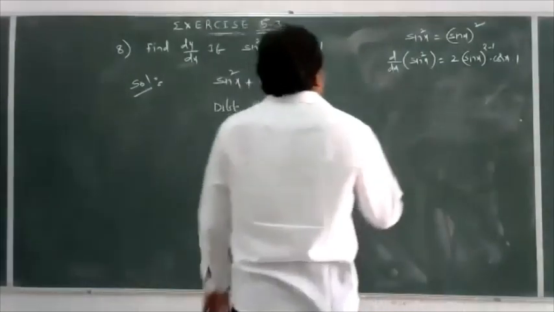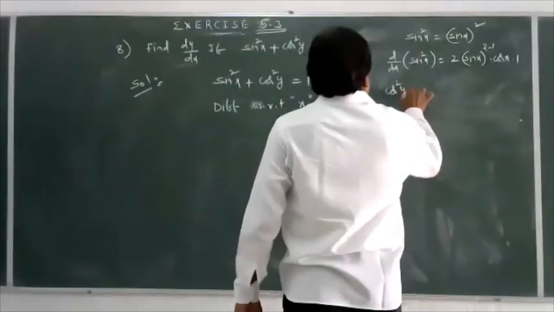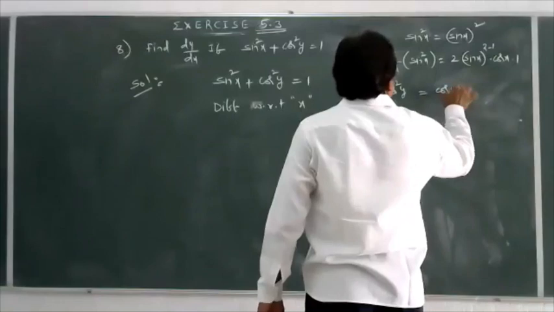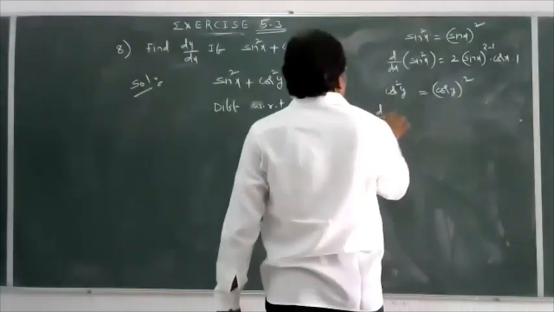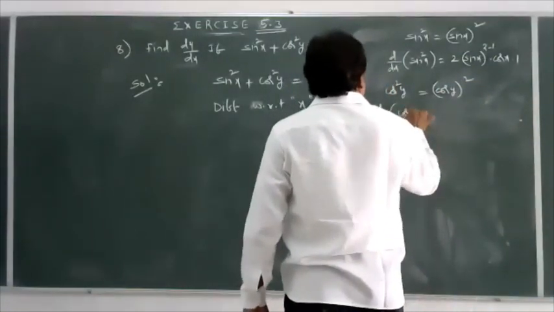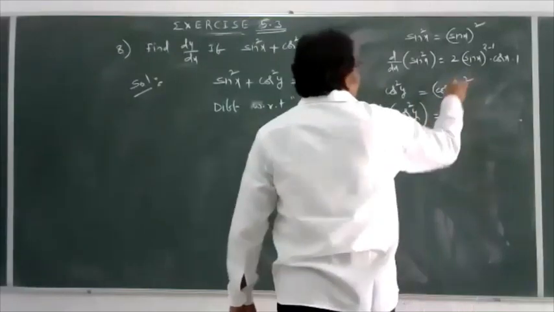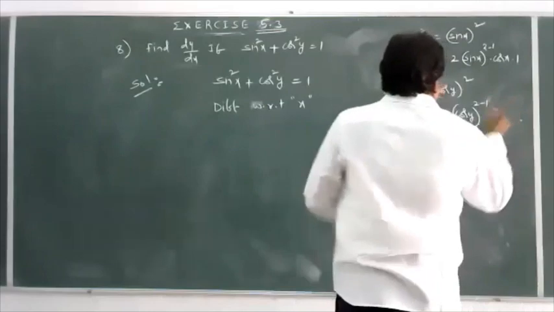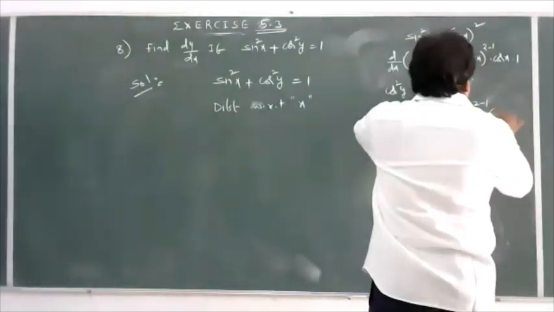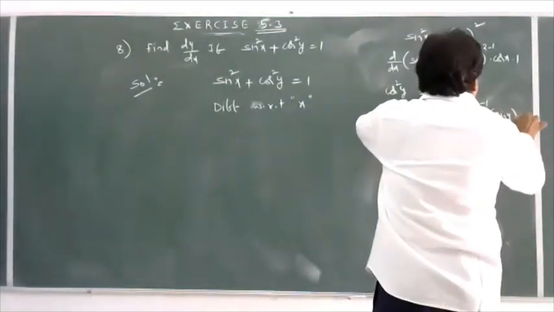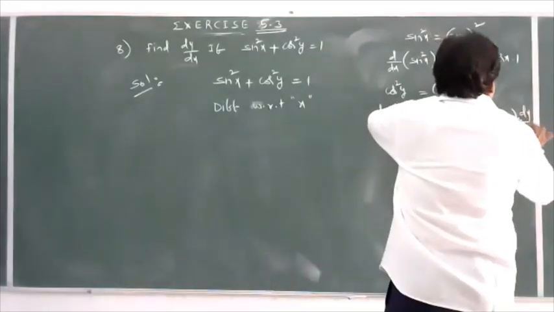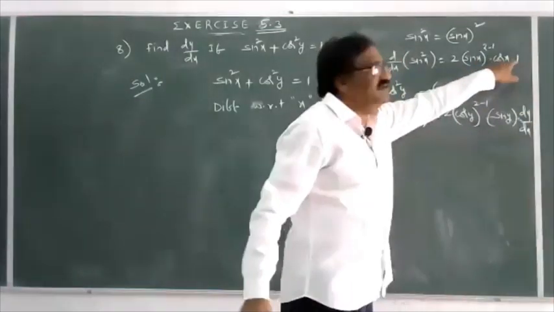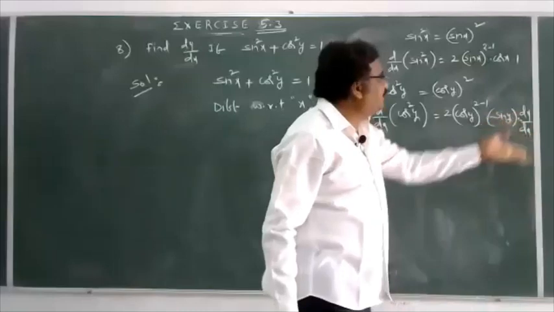In the same way, here cos square y, that is cos y whole square. So d by dx of cos square y, using the x power n formula, is 2 into cos y whole power 2 minus 1 into cos y derivative, minus sin y, into y derivative dy by dx. Here x derivative is 1, here y derivative is dy by dx.